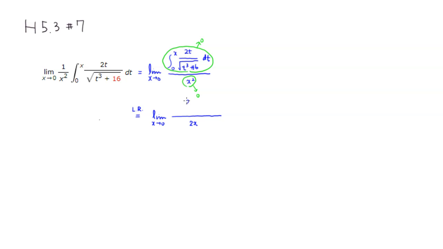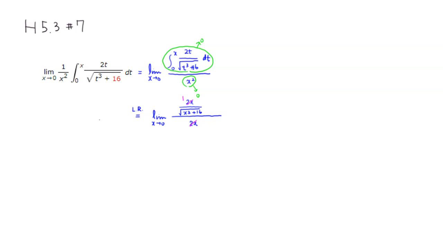So you have 2x over the square root of x cubed plus 16. We can cancel out the 2x on top and the 2x on the bottom, so you get 1 here.